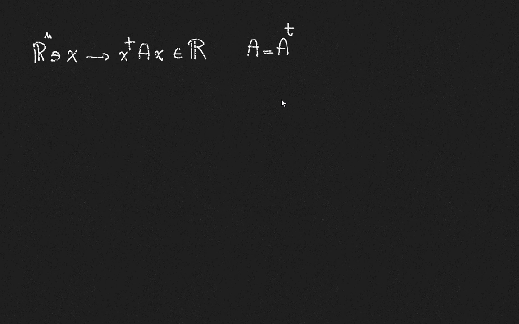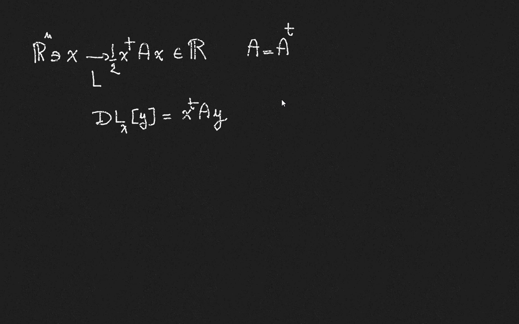So if you have the function that sends x to x transpose A x, from R^n to R, and in our case we also have A equal to A transpose, and this map is called L, then the derivative of L applied to a vector y at the point x is just x transpose A y.